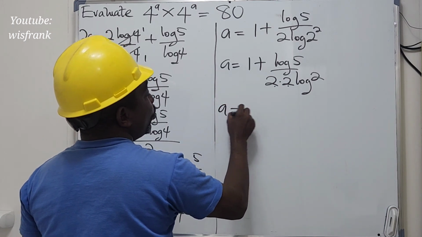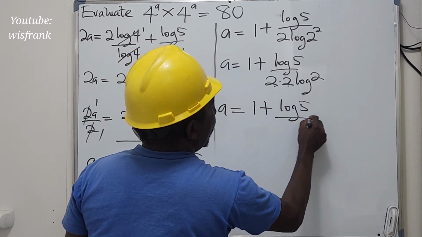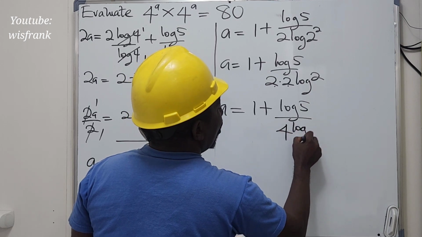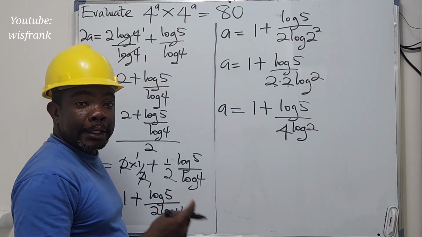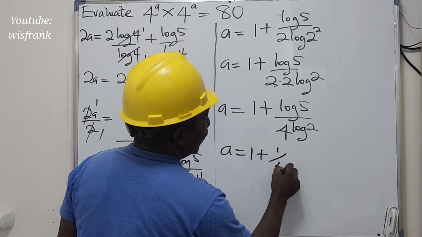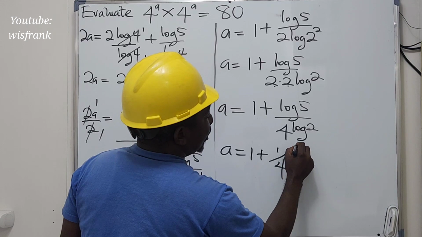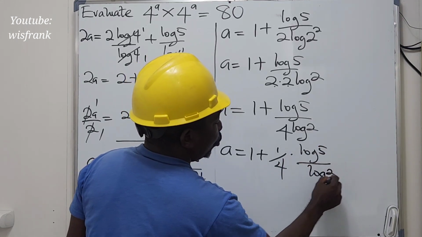So our value of A will become 1 plus log 5 all over 4 log 2. This 4 here can be written as A equals 1 plus 1 all over 4, then times log 5 all over log 2.